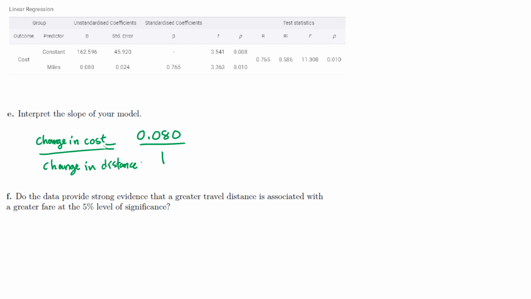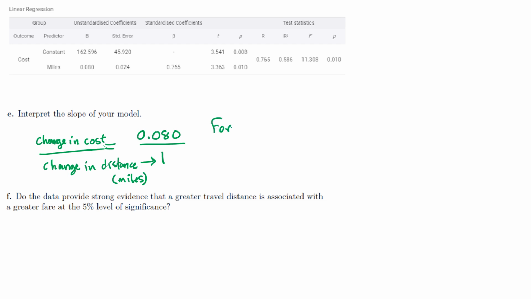When the distance changes by 1, which is measured in miles, the cost should, because it's positive, increase by $0.08 or 8 cents.